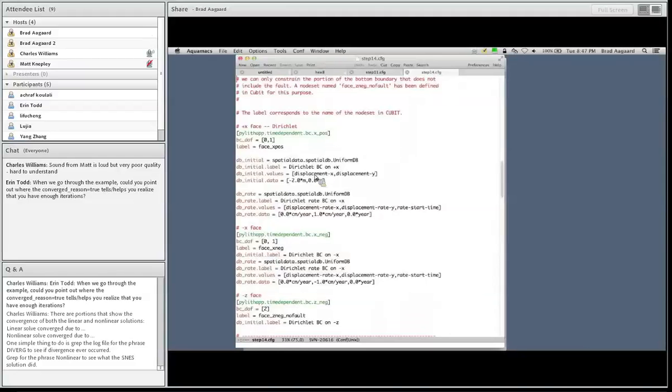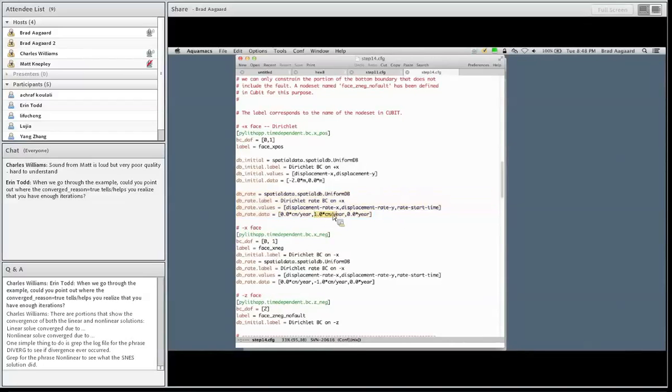And now we're doing a slightly more sophisticated boundary condition in that we're going to give it an initial value. We're going to put in the compression as a static displacement of -2 meters on the positive X face, but then we're going to give it a rate for the Y direction.